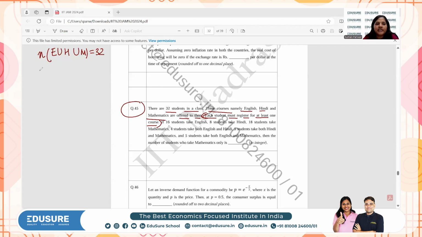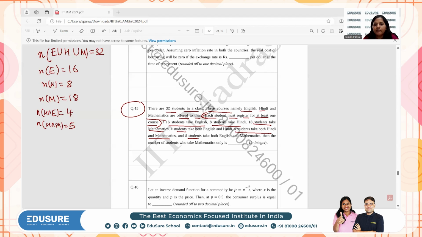16 students take English. The number of students who take Hindi is 8. 18 students take mathematics. 4 students take both Hindi and English, so both Hindi and English is 4. 5 take both Hindi and math, so Hindi and math is 5.